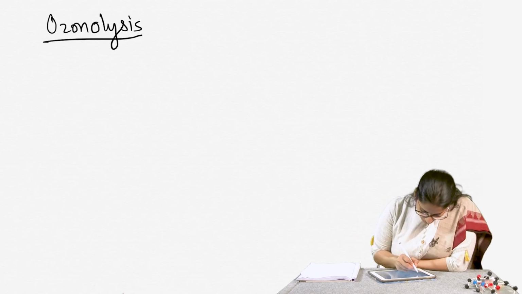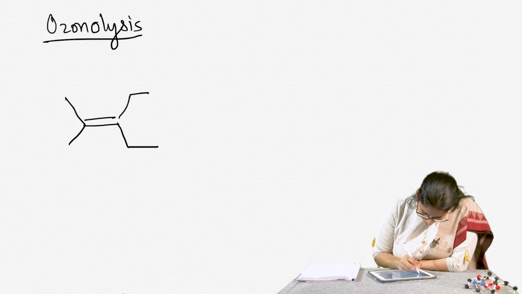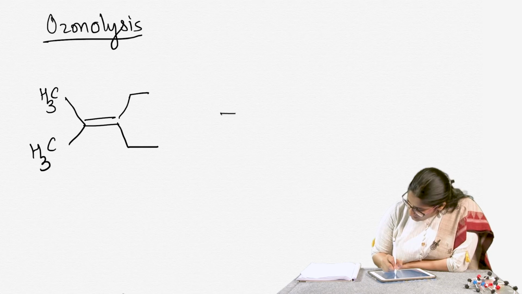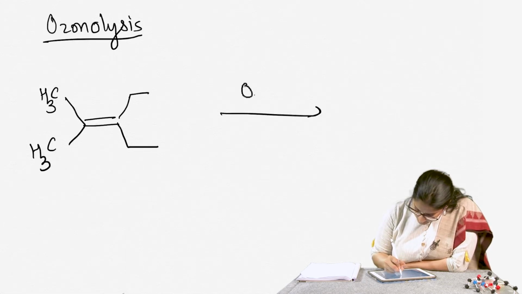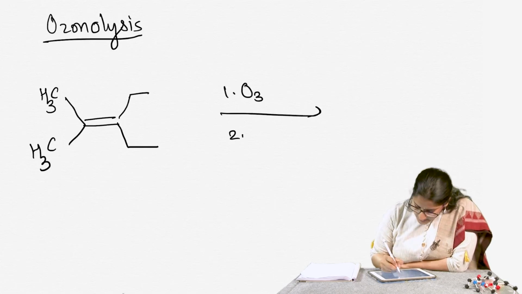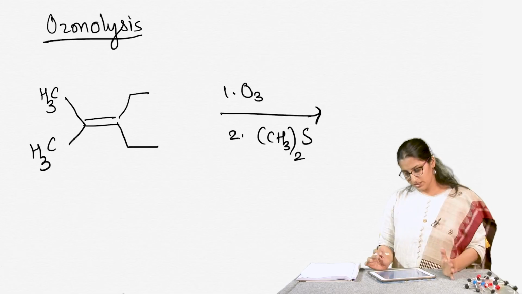So, if I have an alkene like this, when I perform ozonolysis, the first step is reacting with ozone, and the second step is either a workup with dimethyl sulfide.